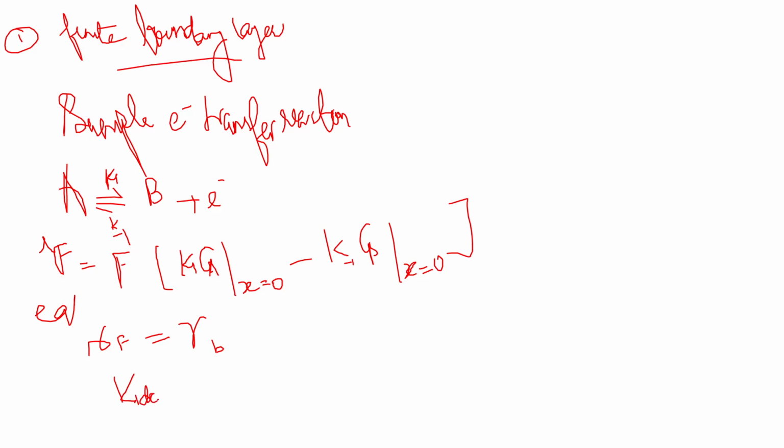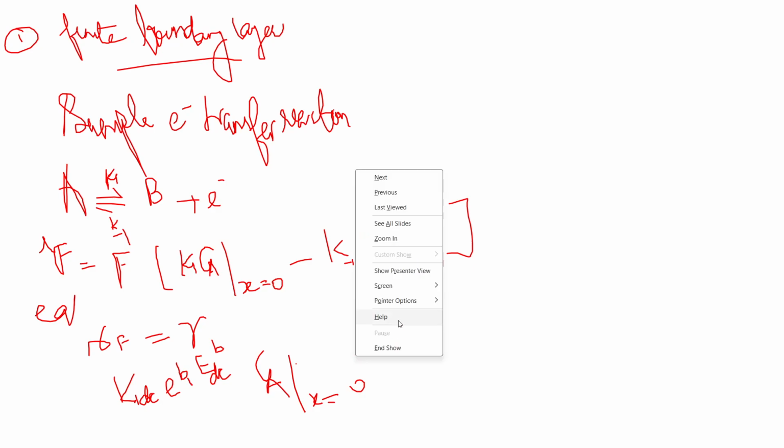So k1 CA at x equal to 0 times e raised to b1 E dc equals k minus 1 CB at x equal to 0 times e raised to b minus 1 E dc.